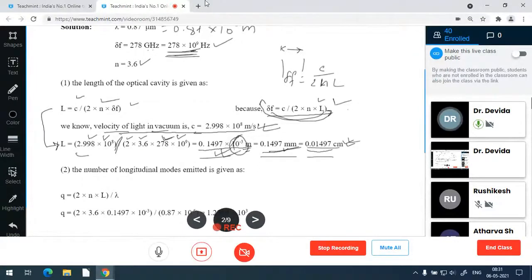This is the L, that is the distance between the mirrors, the reflecting media in the laser. So this semiconductor laser structure is very small, because it has a dimension of about 0.15 millimeter.